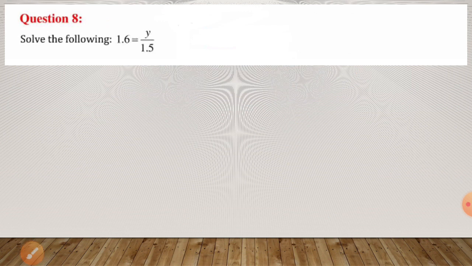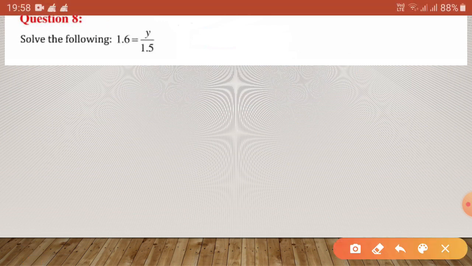So here is the question. The question is 1.6 equal to y by 1.5. Okay, so look at it very carefully. In the previous examples the values were adding with the variable or subtracting with the variable, but here the equation is 1.6 equal to y by 1.5.